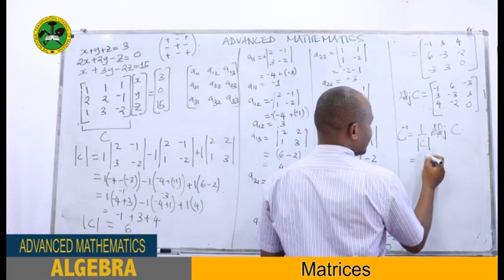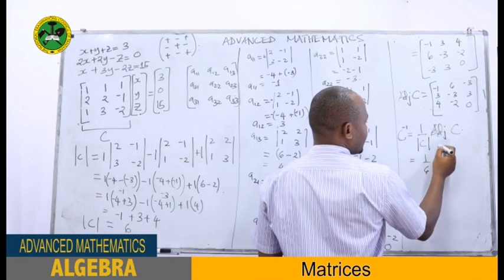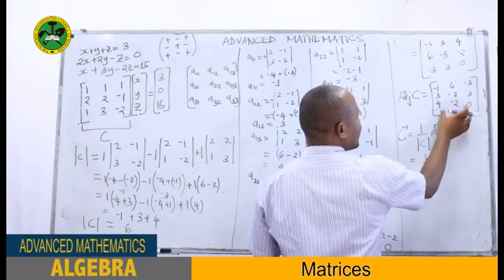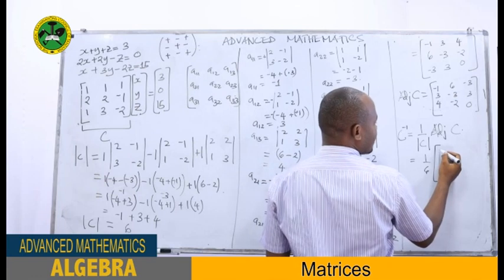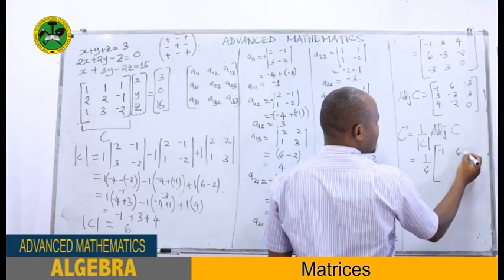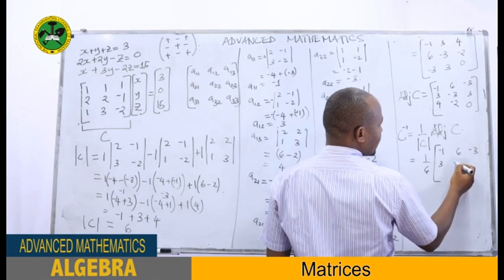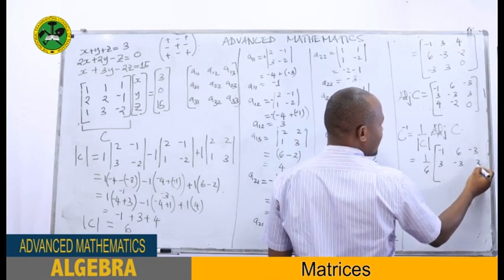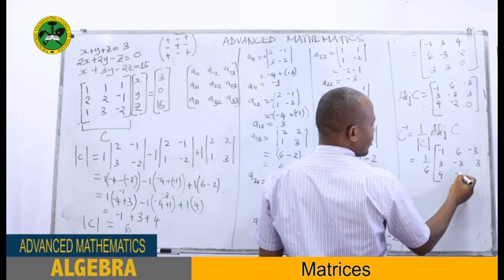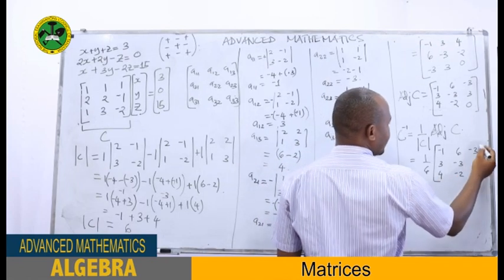That means we have 1 over 6. And we have to multiply with this adjoint matrix. Then we have negative 1, 6, negative 3, 3, negative 3, 3, 4, negative 2, 0.